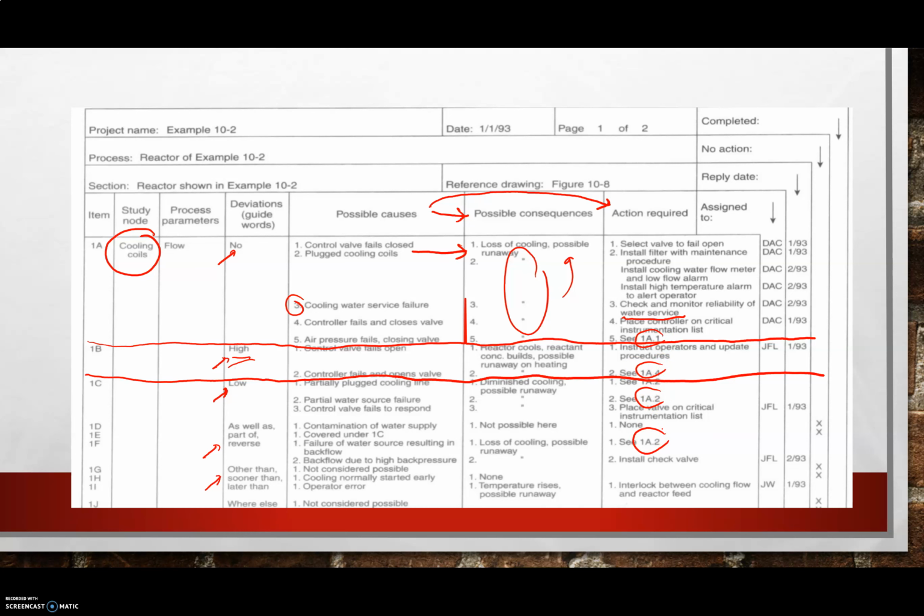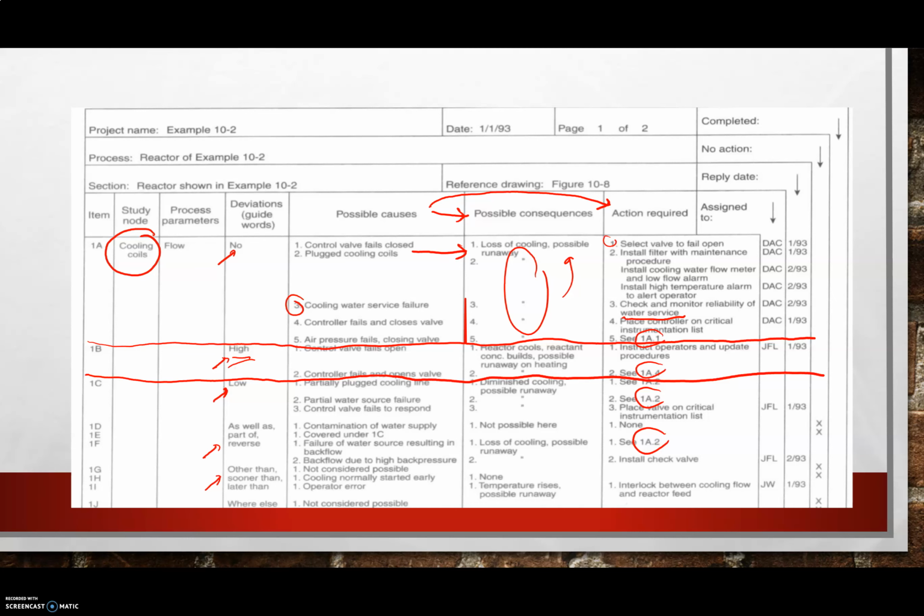So see 1A2, 1A4 and 1A1 and so on. So the action required for possible cause number 5 is the same as the action required for number 1: select valve to fail open. So just try to reduce and make your table less complicated.